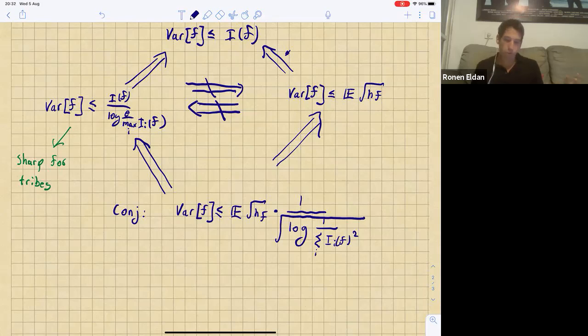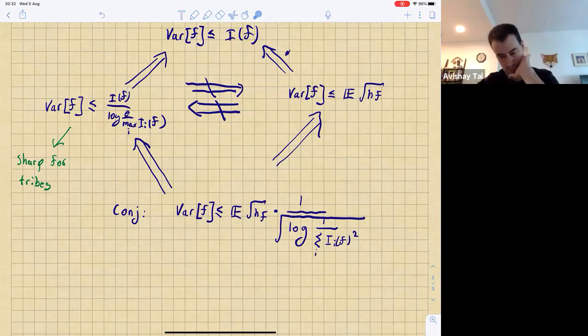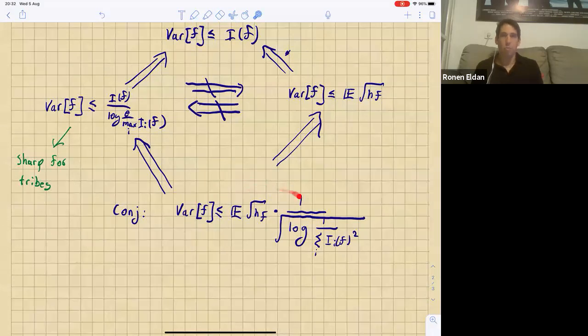Yeah, so this is what I have to say for now. On the other hand, for what's written here, it's much less crucial that the function is Boolean. For this inequality we'll see what happens.